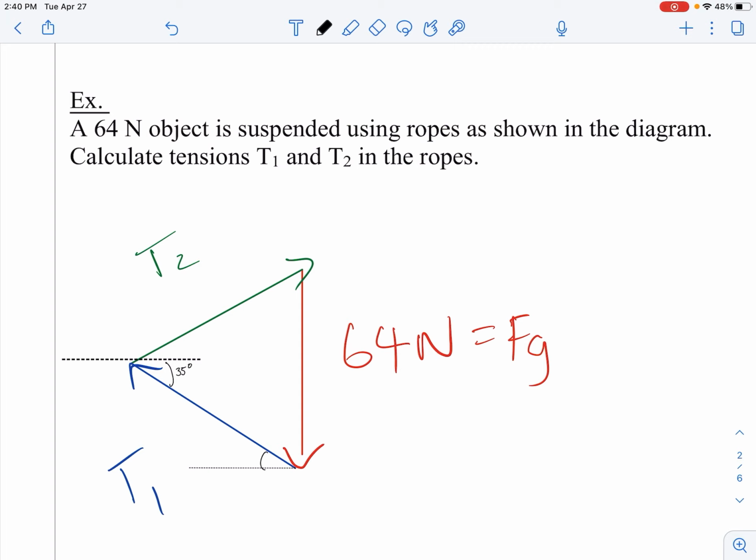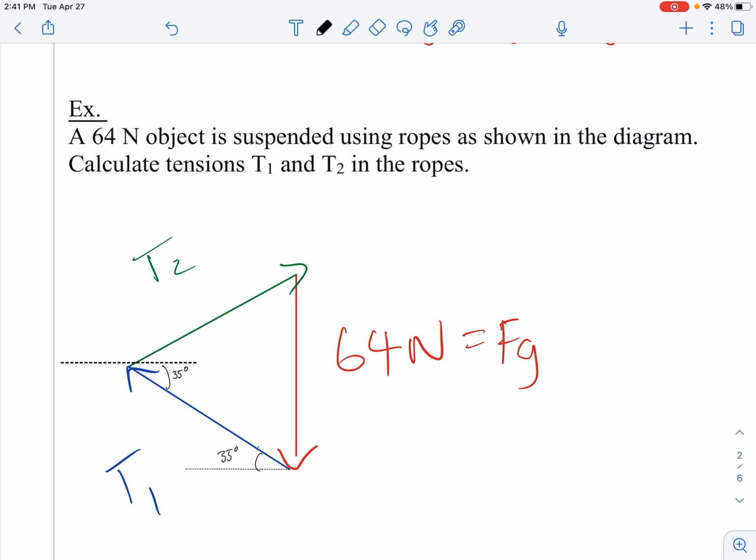Again, this is just your basic geometry. I know that gravity always pulls straight down, which means that the angle between this red vector and the horizontal is going to be a 90-degree angle. So just by basic subtraction, I can figure out that this angle here, if we complete it, would be about 55 degrees.